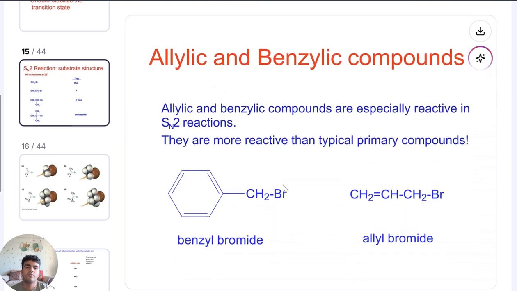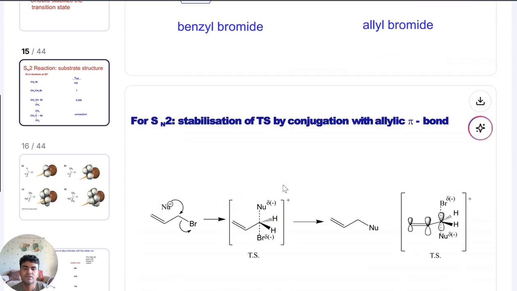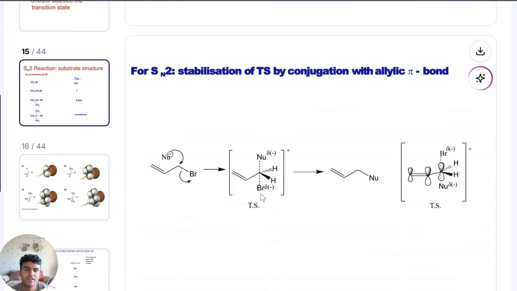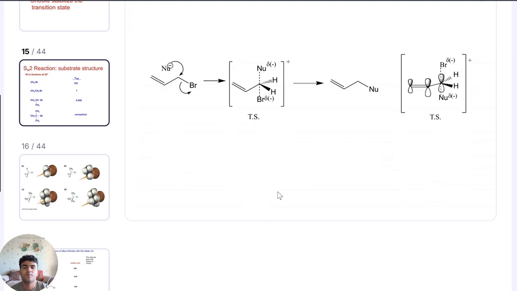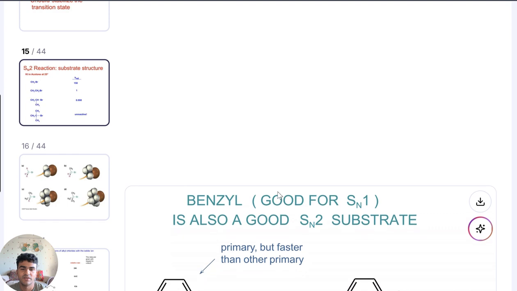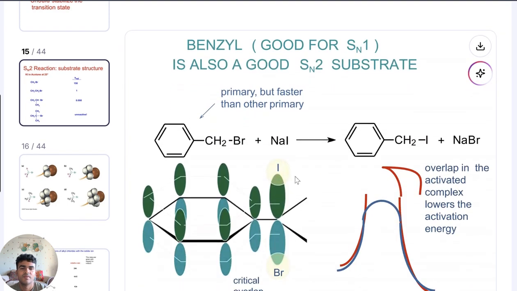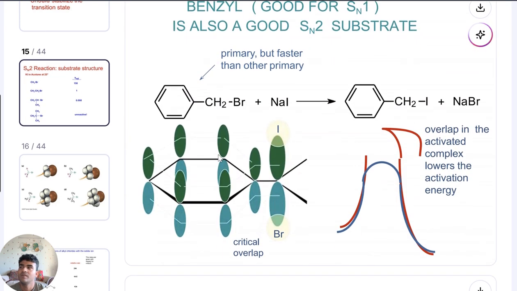This is also a good compound for SN2 reaction, because the transition state here gets stabilized with the pi star orbital of this double bond. So both the substrates are good for both the reactions SN1 and SN2. Here it is described.